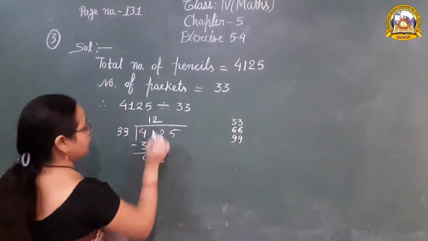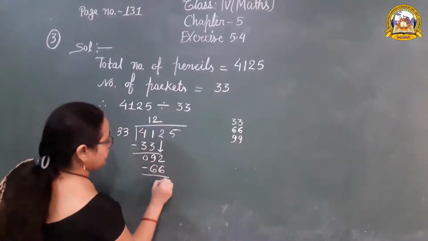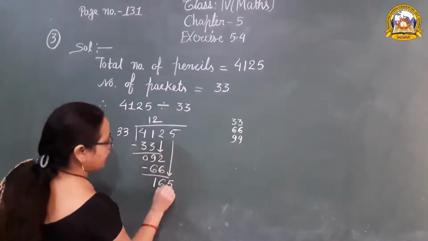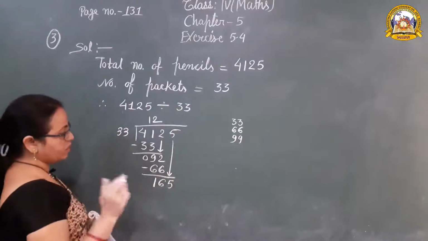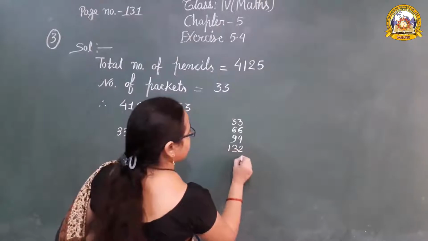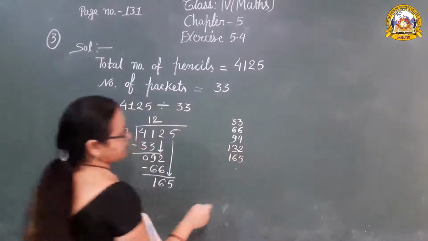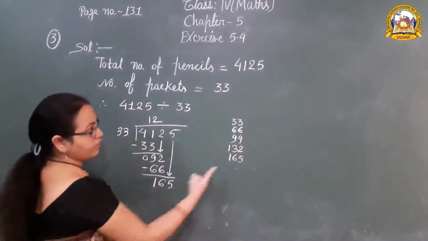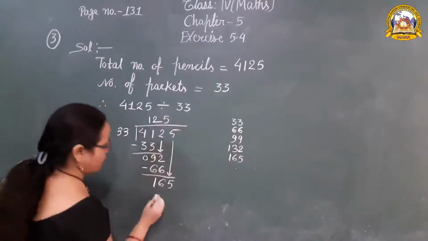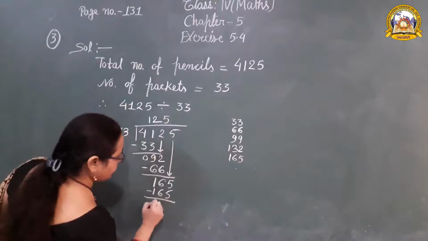So 2 times is 66. Bring down the next digit. Number becomes 165. How many times 165? 1, 2, 3, 4, 5. 5 times is 165.